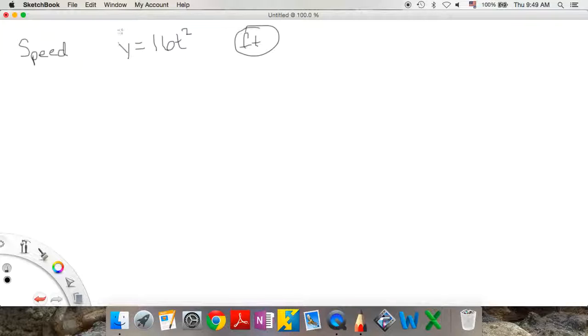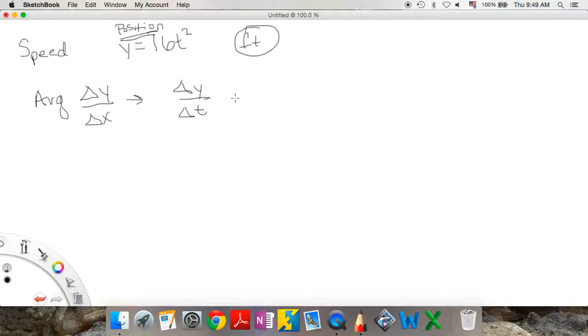But if this is the position function for it, and we want to know its speed, then its average speed, remember that's the delta y over the delta x, in this case it would be delta y over delta t, depending on the time. So whatever time value you're looking at, the finish time minus the start time.